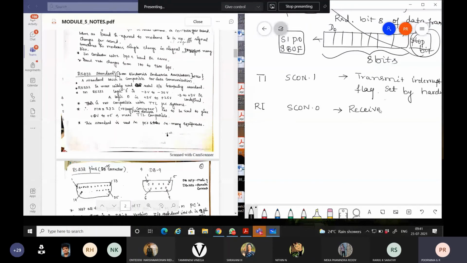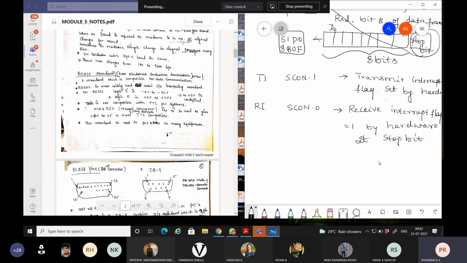If the reception of 8 bits of data is completed, the receive interrupt flag RI is set to 1 by hardware once it receives the stop bit.